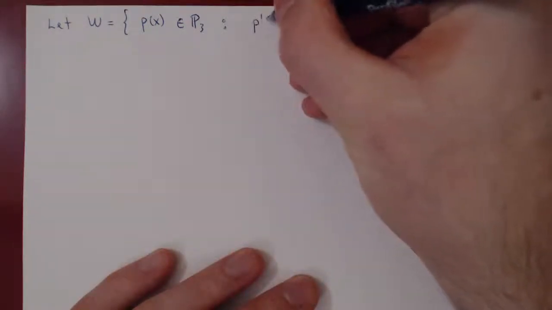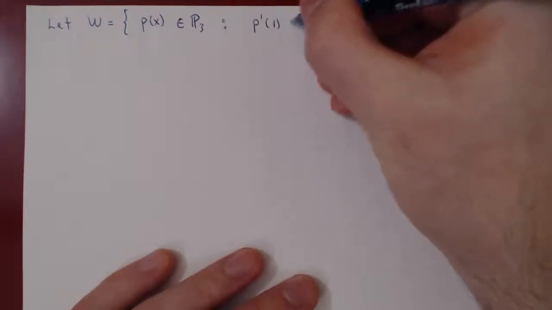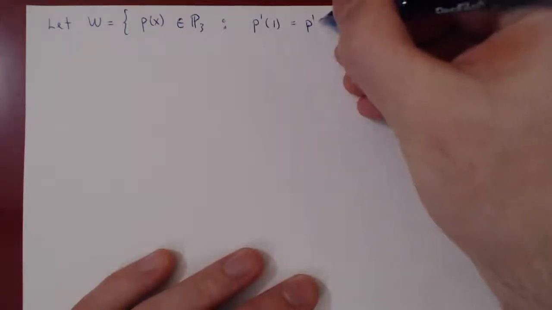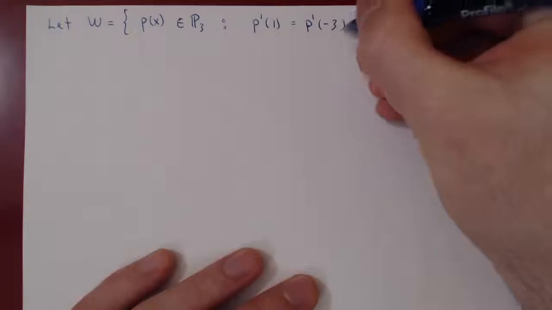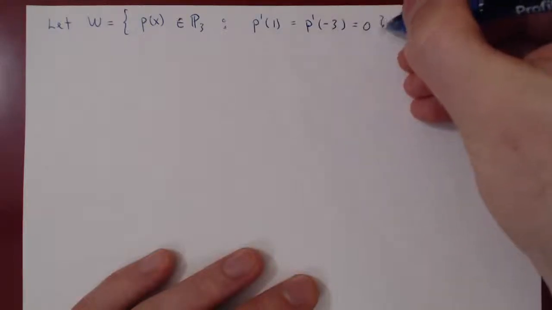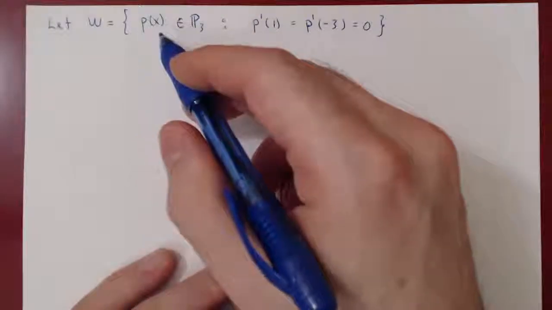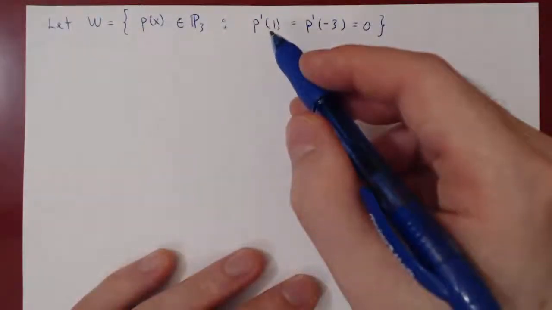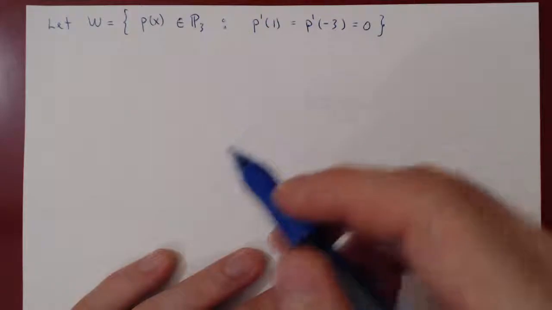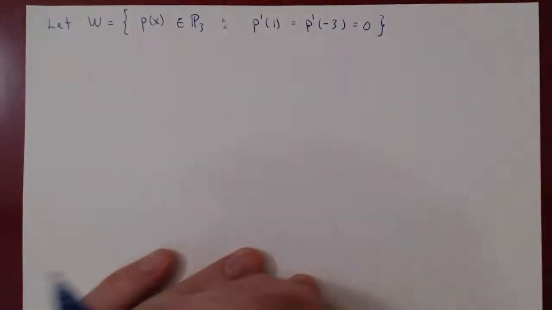So the derivative of p at 1 will equal the derivative of p at negative 3, and they're both equal to 0. So if you think of it, we take polynomials of degree at most 3 for which x equals 1 and negative 3 are critical points.